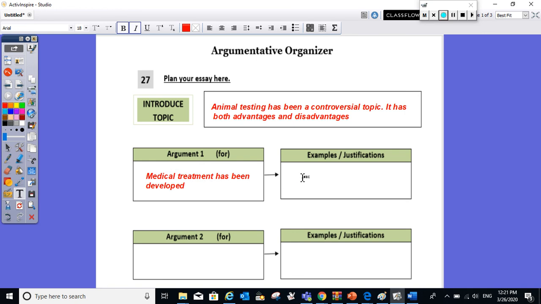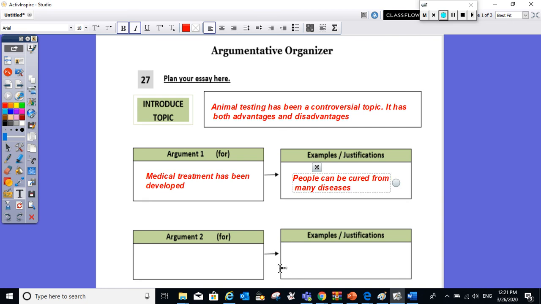So here we need to explain this point. It's not a new point, it's an explanation, justification, or an example for this point. Of course, when the medical treatment is developed, people can be cured from many diseases.